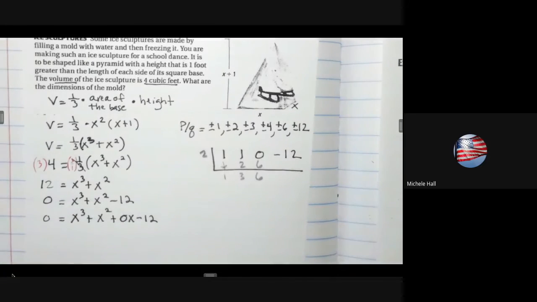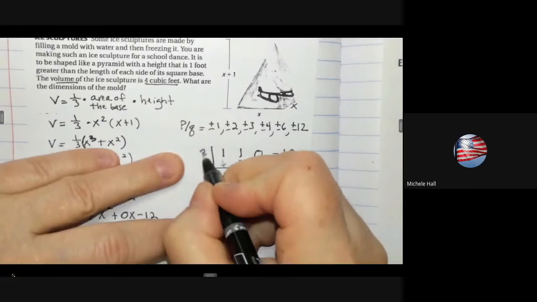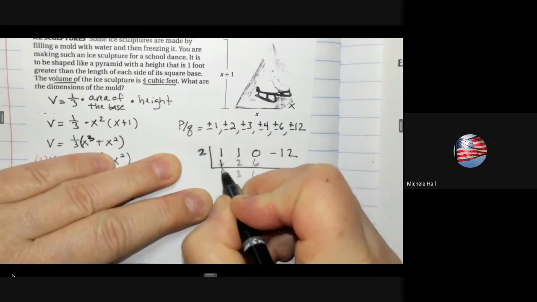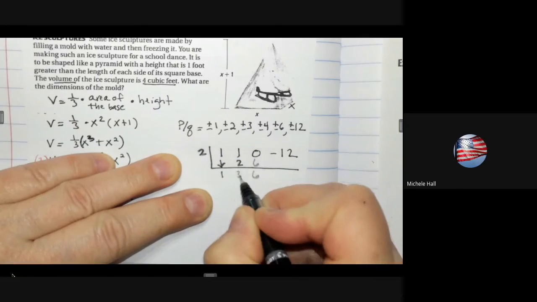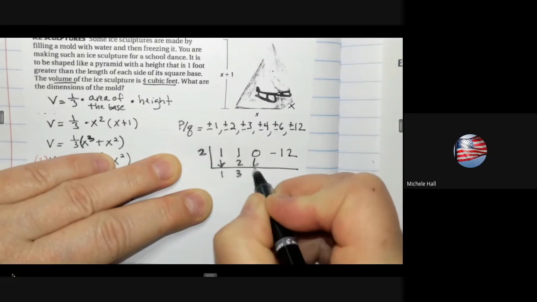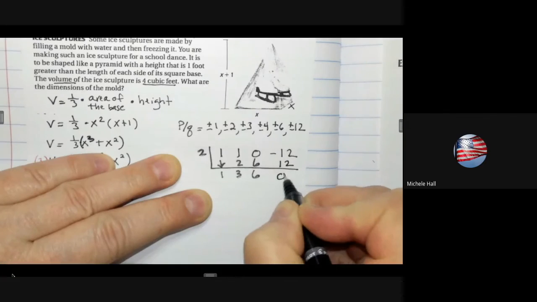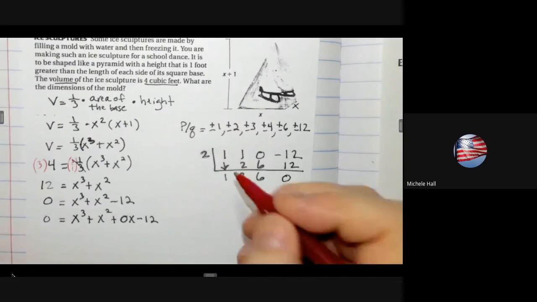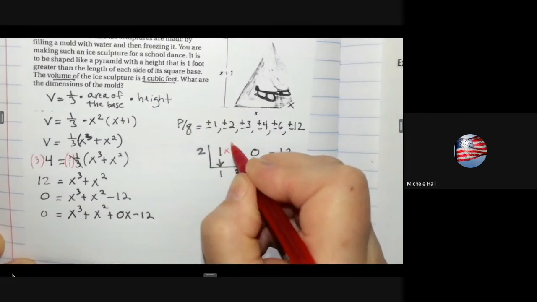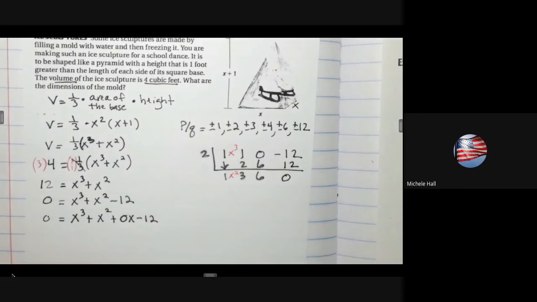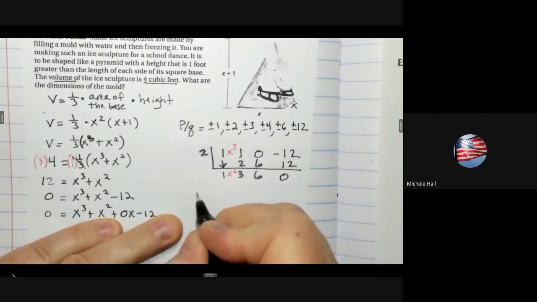And 2 works. We started with a degree 3, and now we have a degree 2. So the factor for 2 would be x minus 2.